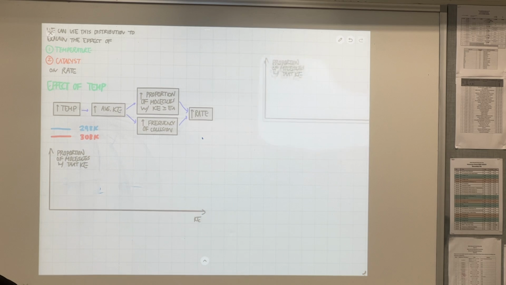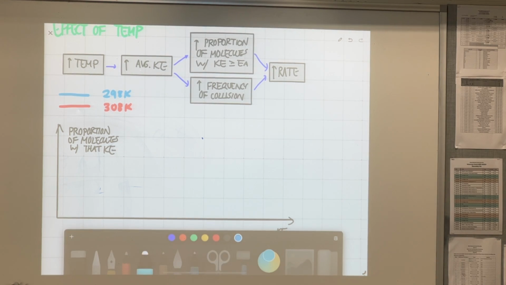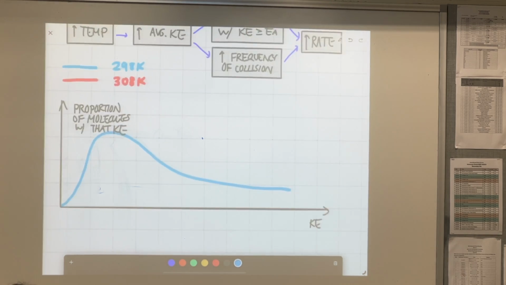Yeah, just copy the axis label first. Can you draw what the Maxwell-Boltzmann distribution curve is like for 298 and 308 Kelvin? First of all, is it a normal distribution? No, it's asymmetric. And the peak, should it be closer to the left or to the right? For the 298 Kelvin, it should be closer to the left, like that. Okay, so if you can draw this curve in here.